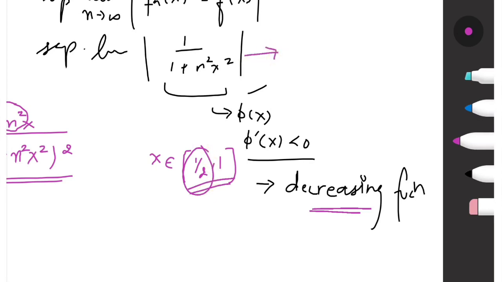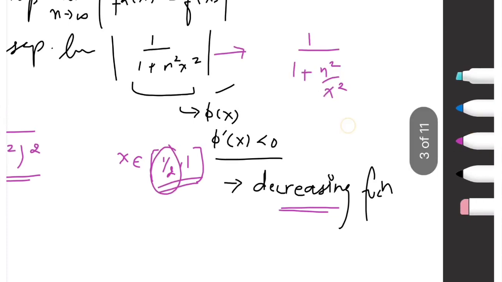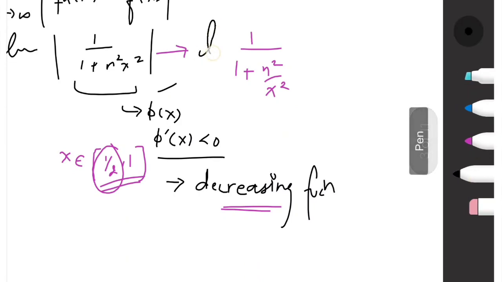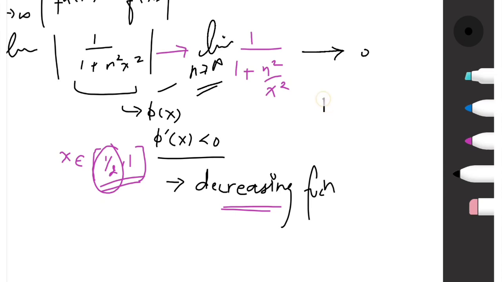When we put this point in this function, we get 1 plus n square, and instead of x I'm putting 1 by 2, so x square. As n tends towards infinity, we get 1 by infinity, which tends towards 0, so this M_n will tend towards 0.